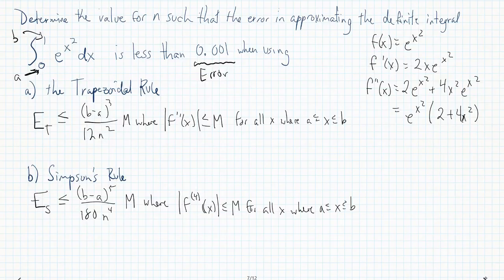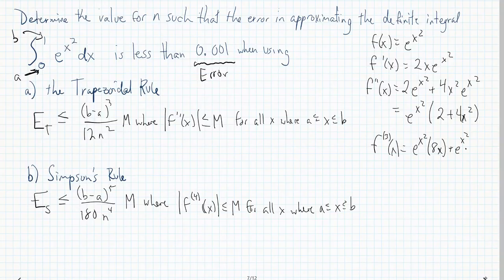All right, so taking a look at it, we have f double prime equals e to the x squared times (2 plus 4x squared). To solve both of these together, we're going to need a third and a fourth derivative, so I might as well do that. The third derivative we can get to be e to the x squared times the derivative of 2 is 0, derivative of 4x squared is just 8x, plus our next one would be e to the x squared times 2x times (2 plus 4x squared).